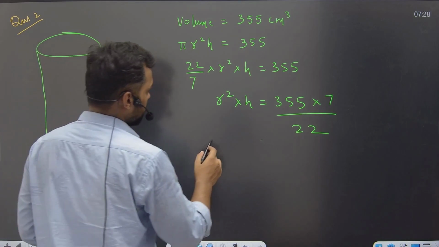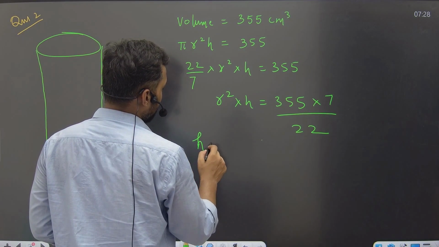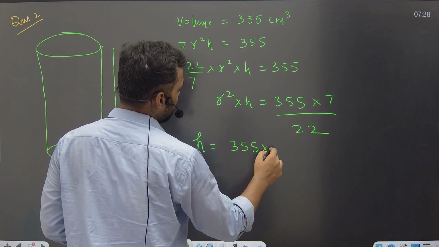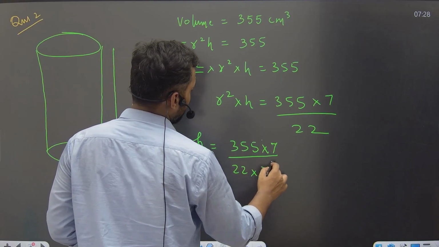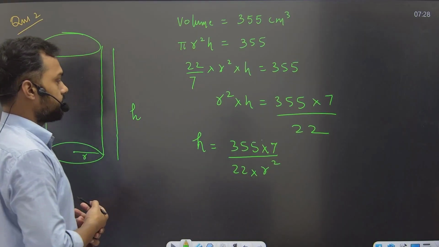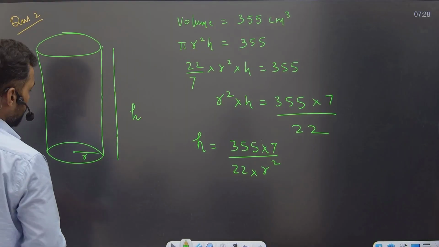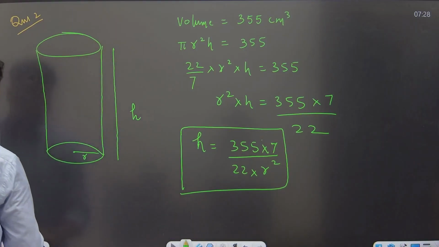From here, the value of h can be written as 355 by 7 upon 22 into r square. So we have got the value of h.